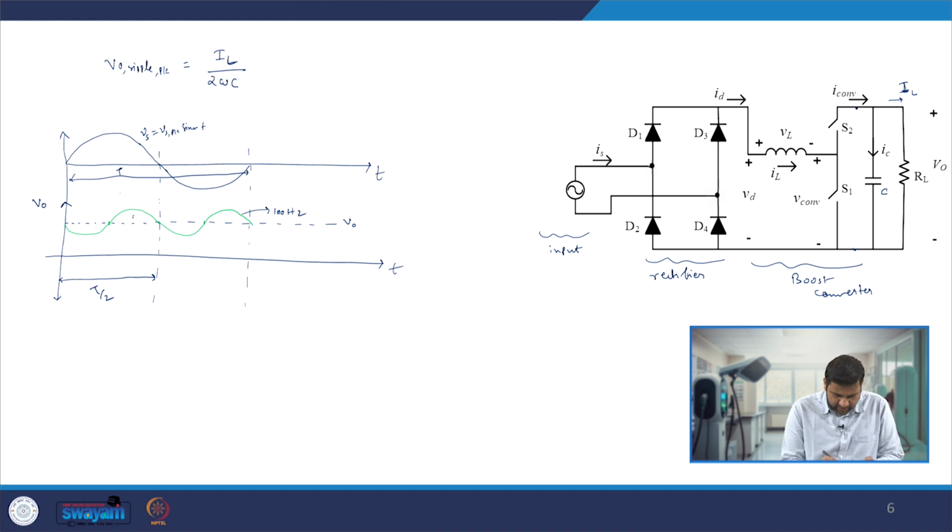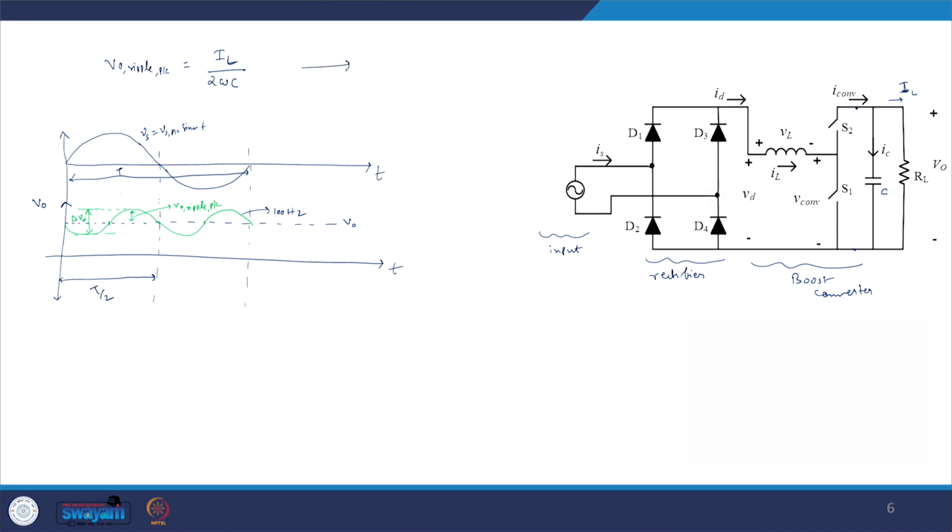And if we try to define this V naught ripple peak, it is from this peak to this peak, and as we already defined, the ripple is delta V naught. Let us further take equation number 6 and write it in terms of V naught.